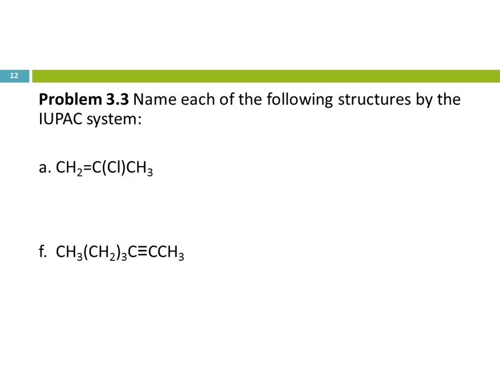The chlorine is attached to this carbon, and so I'm going to just cross him out, just so I can see a little better what's going on here. How many carbons are there in this chain? 3. So 3 carbons is propane, so it would be propene because there's a double bond.